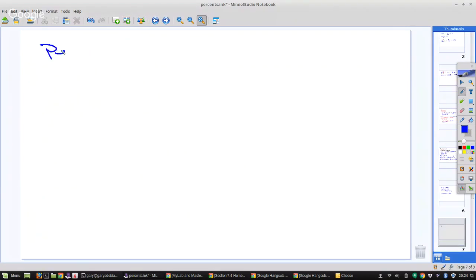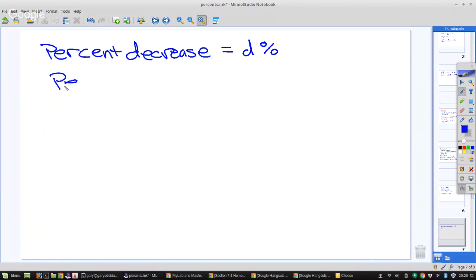or a percent decrease, and let's say that's going to be D%, it's often important to consider the percent you pay.